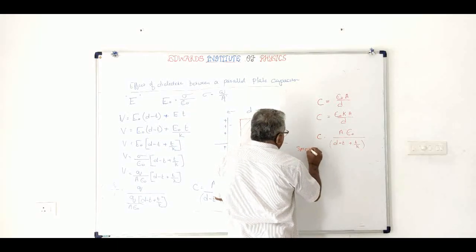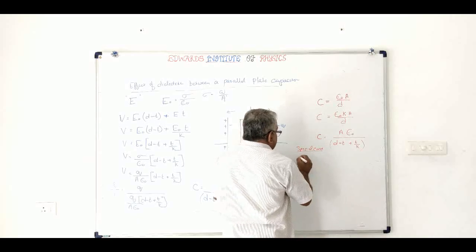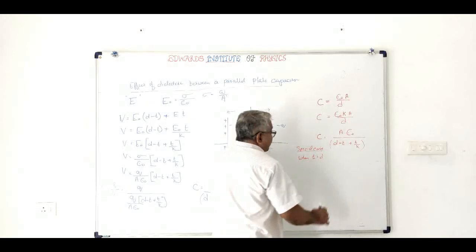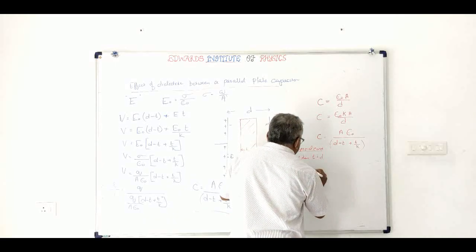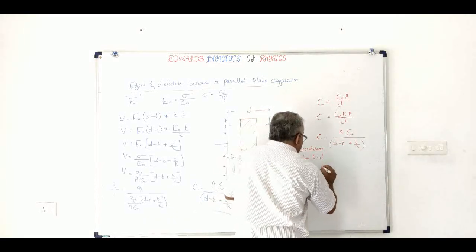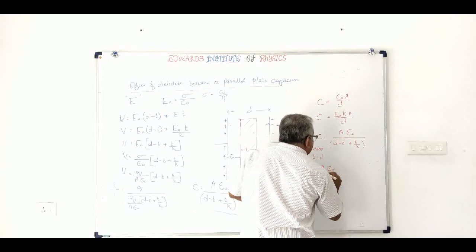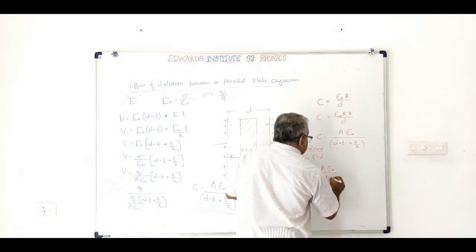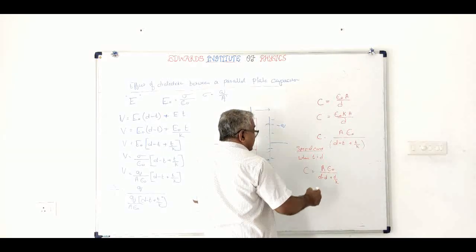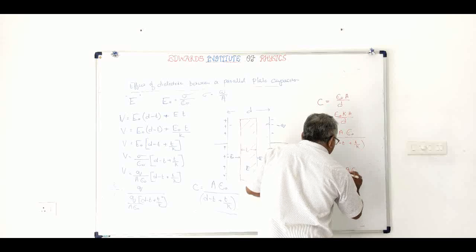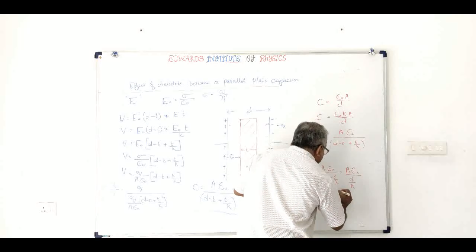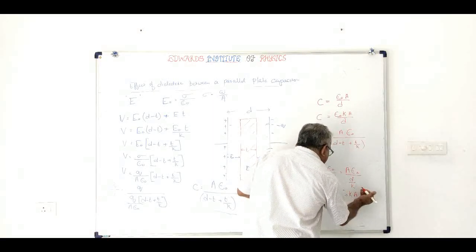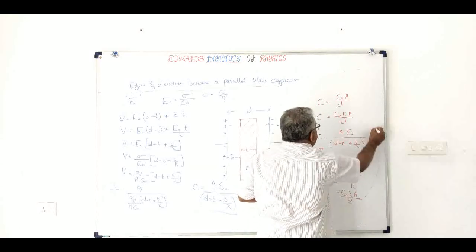Special case, when T is equal to D. C will be equal to A epsilon 0 by, instead of T I can write D, D minus D plus D by K. D minus D is 0, so that is equal to A epsilon 0 by D by K. And that is C equal to epsilon 0 K A by D. That is the thing I have written here.